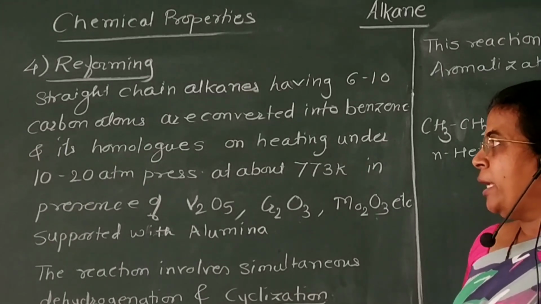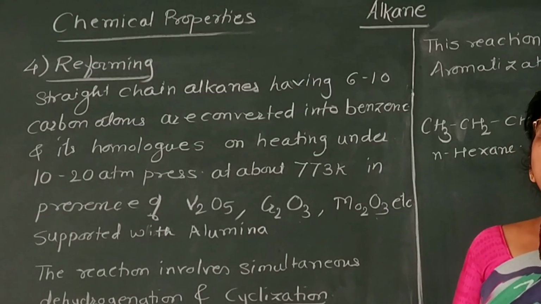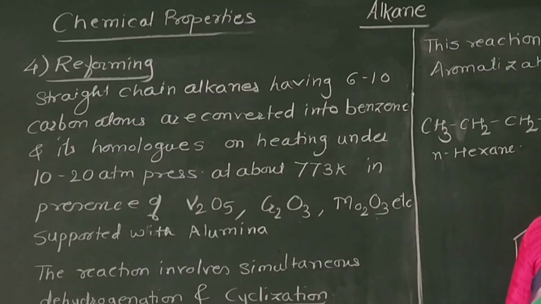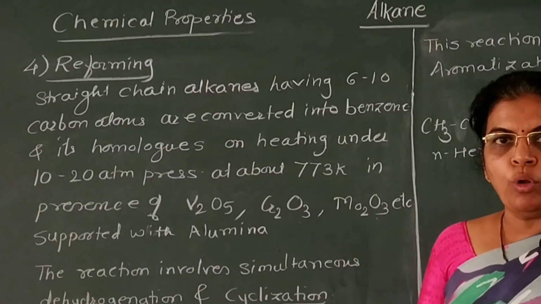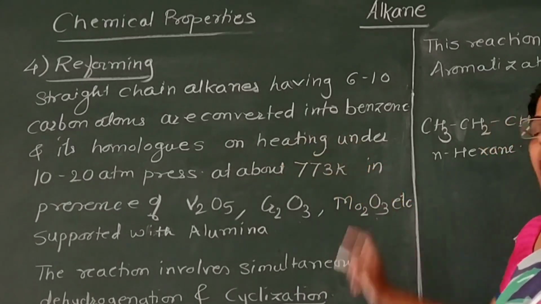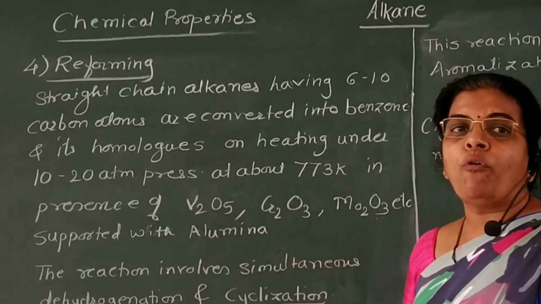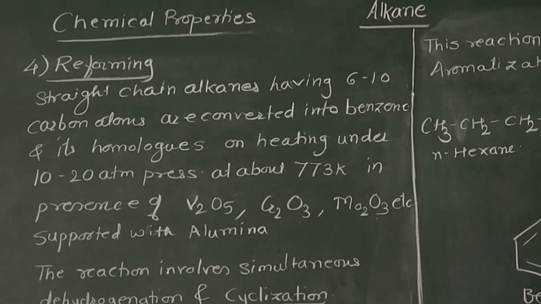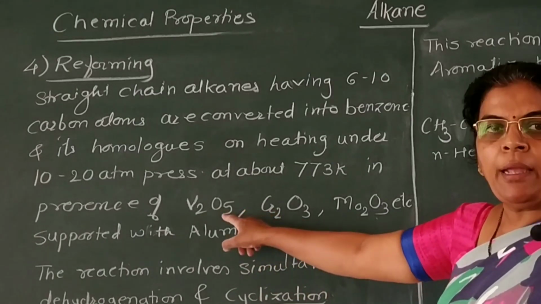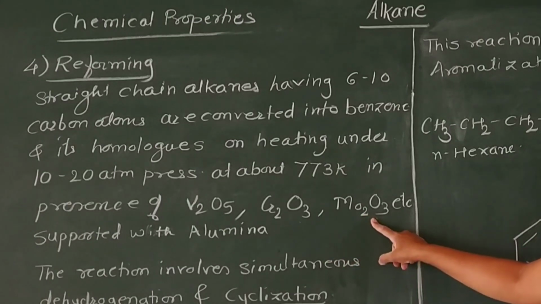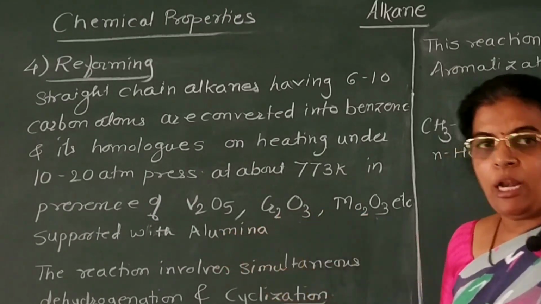Now here, straight chain alkanes having 6 to 10 carbon atoms are converted into benzene or its homologues when heated under 10 to 20 atmospheric pressure and about 773 Kelvin temperature, in presence of some dehydrogenating reagents or catalyst like vanadium pentoxide or chromate or dichromate or molybdenum oxide supported with alumina.